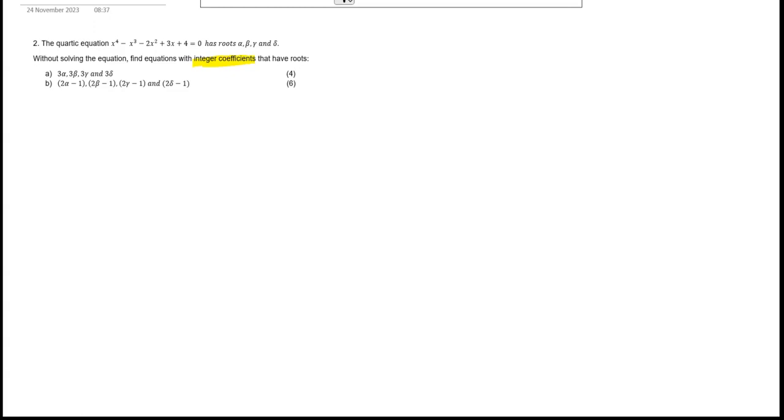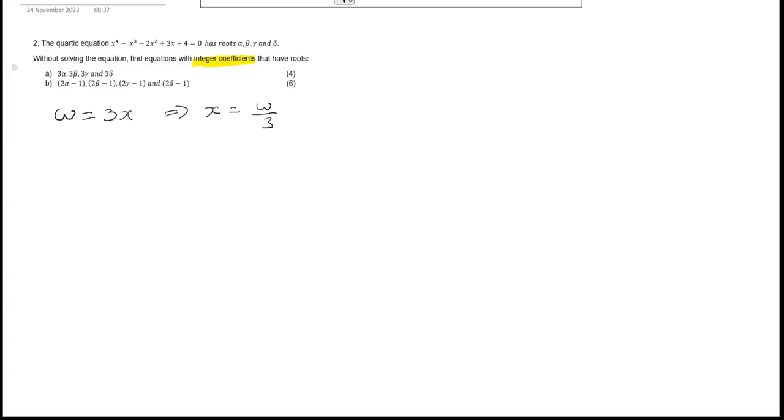So we could use the transformation that, okay, so if w is equal to 3 times x, then we could say that x is equal to w over 3. And we're doing this because all the roots have tripled, so I've tripled my equation essentially.